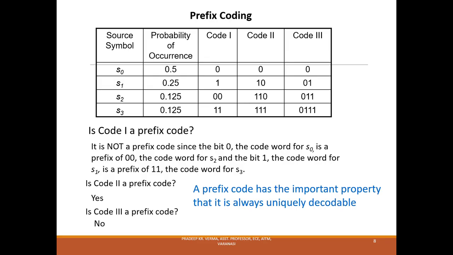And code 2 is a prefix code, and code 3 is not, as the code of S0 is acting as a prefix for the code of S1 in code 3, and the code of S1, that is 01, is acting as a prefix in the code of S2.